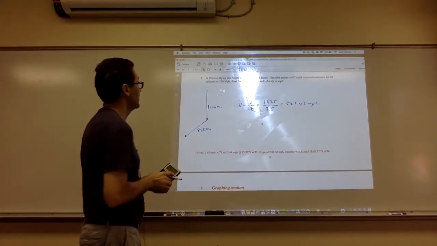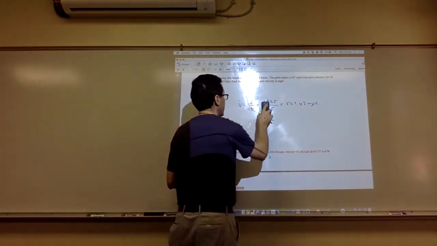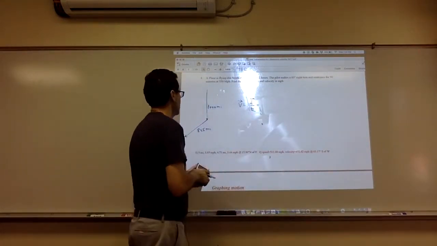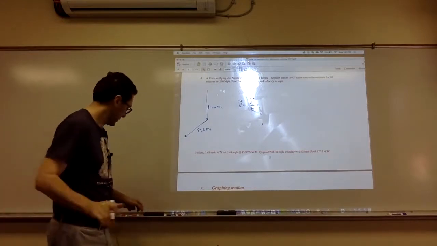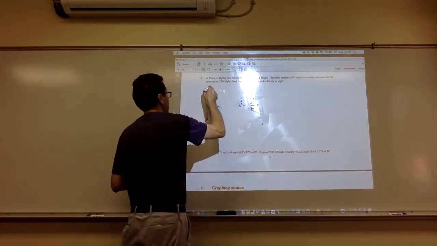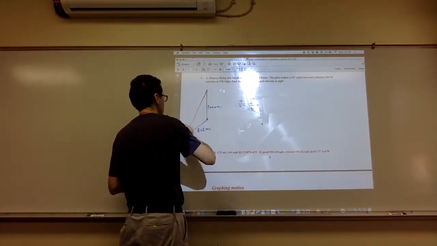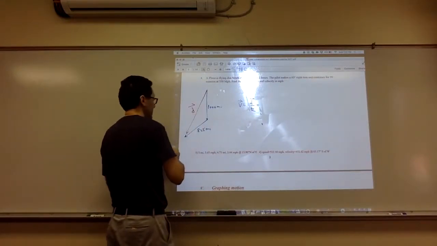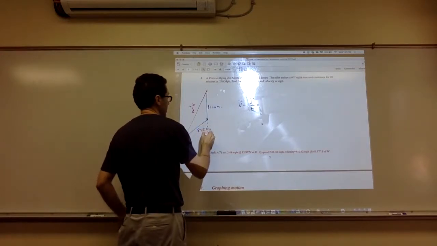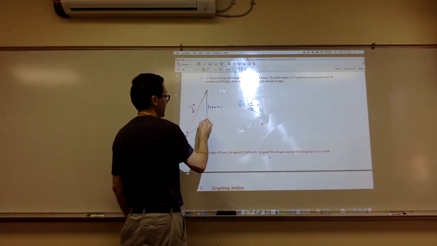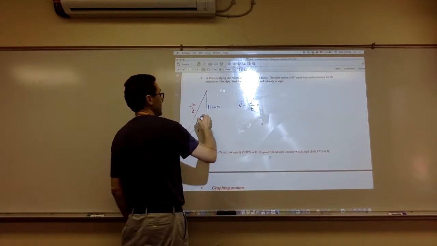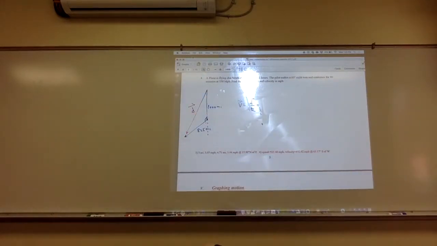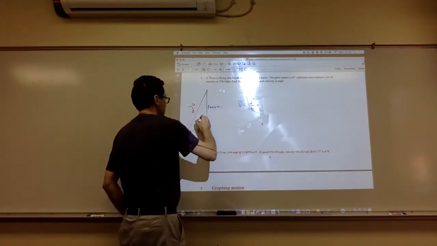Now I'm going to try to find the velocity. Now the velocity is displacement over time. So now the displacement is basically the direct line that connects the very first starting point to the very last destination. So this is the displacement vector. So how do I figure that out? Not a big deal. So this angle here is 60, which makes this angle here 120. So now we're going to do the law of cosines.